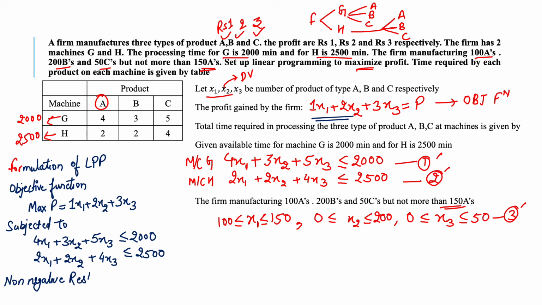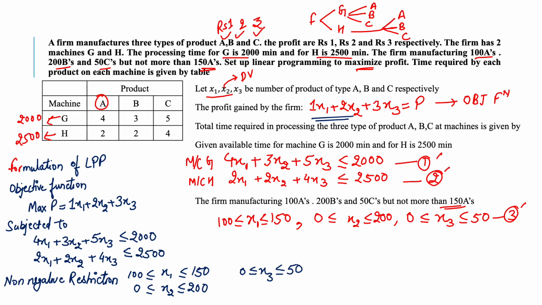Restrictions on my decision variables: for x1 it should be less than 150 but more than 100. For x2 it is in between 0 and 200, and similarly for x3 it is in between 0 and 50.